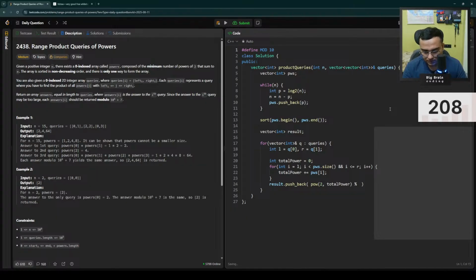What was that syntax? I forgot, man. How do you do that? Yeah, this one. 10 raised to the power of 9 plus 7. Is it this? I think so. Mod, return result.